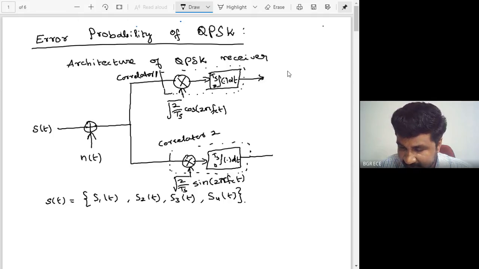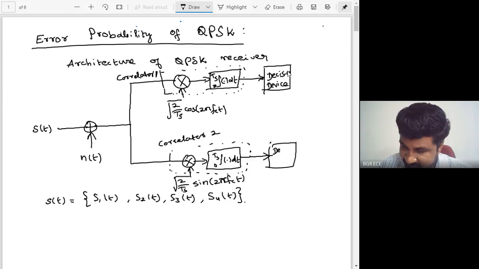The outputs of the correlators are given to a decision device, which compares the output of the correlator with a threshold lambda equal to 0.